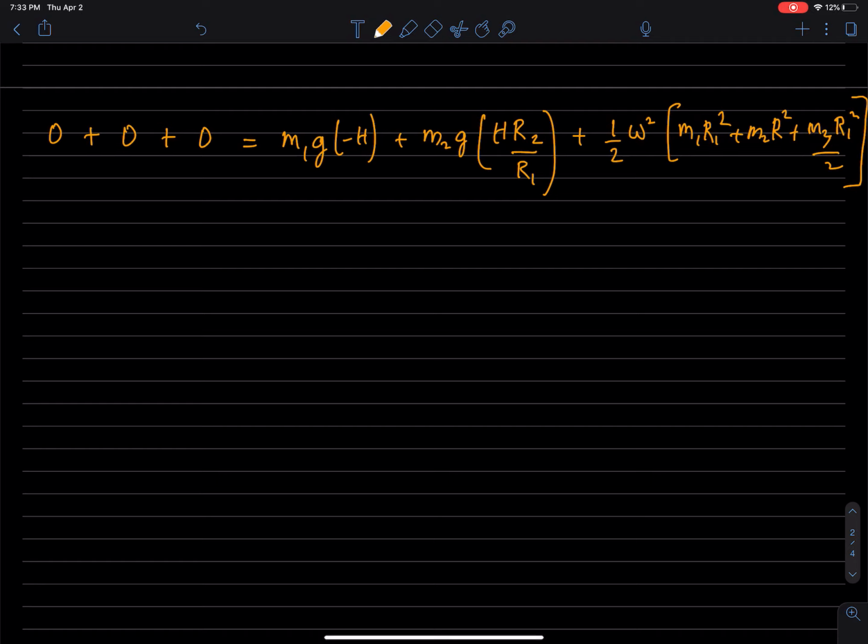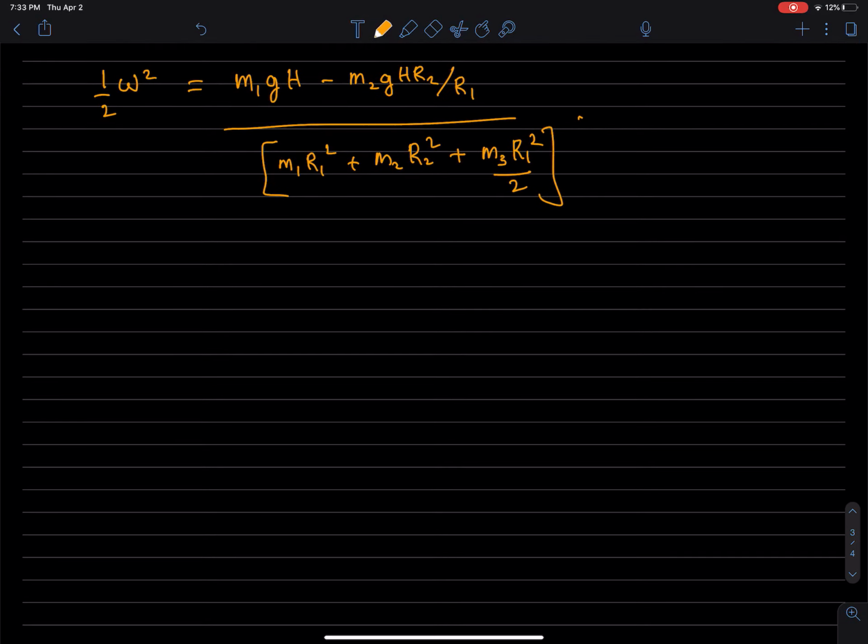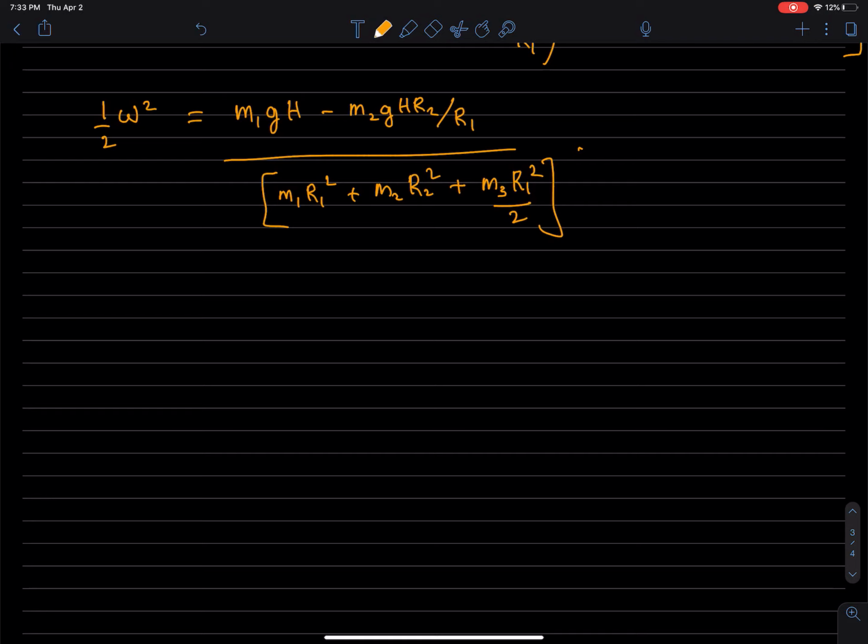Let's simplify ever so slightly. So we have half omega square equals, bringing this to the other side, m1 g h minus m2 g h R2 divided by R1, whole divided by m1 R1 square plus m2 R2 square plus m3 R1 square, divided by 2. We can simplify further if we wanted.